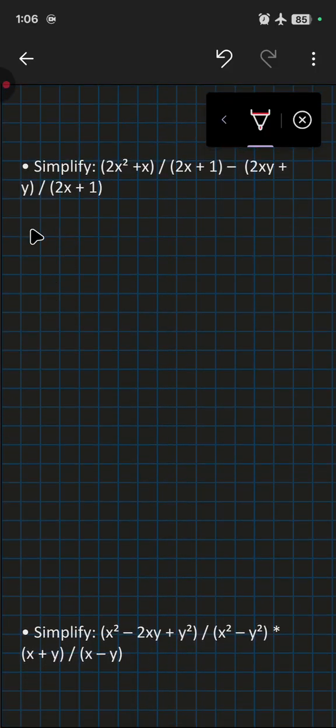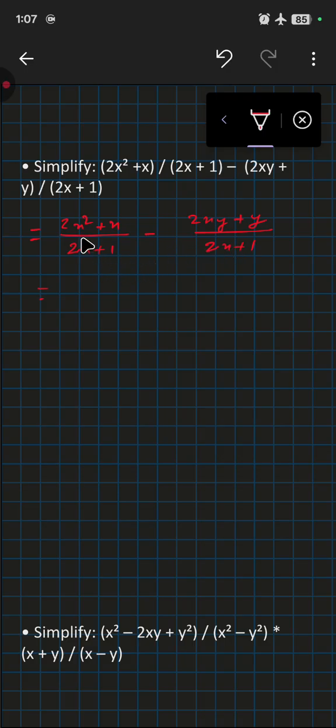Okay, here we go. The question is 2x square plus x upon 2x plus 1 minus 2xy plus y whole upon 2x plus 1. Here also we have like denominators.